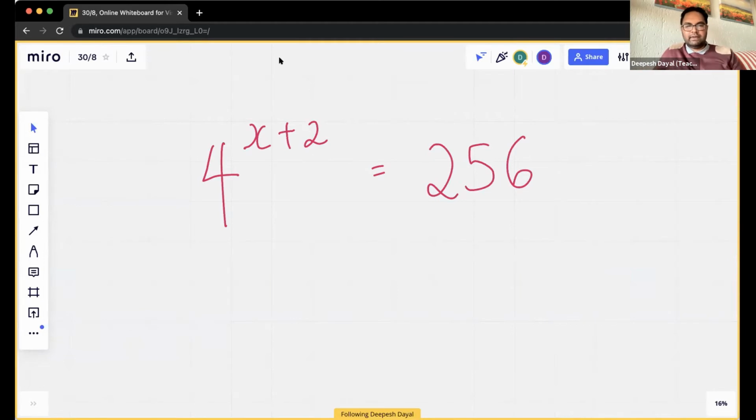I want you to tell me what the value of x is going to be. You can just type it in the chat and let's see what you get.